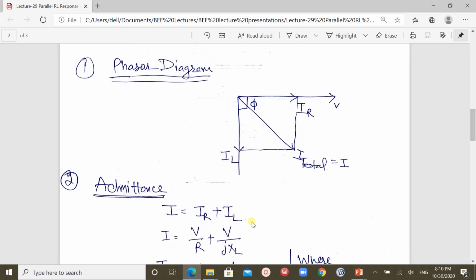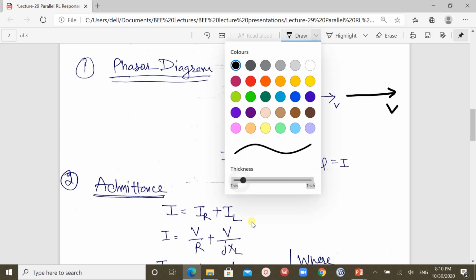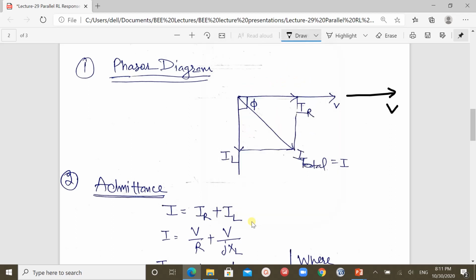So the phasor diagram, as I have told you, we are taking the voltage as the base, so we consider here the voltage V as base. The current in the resistance is in phase with the applied voltage, so IR we are putting here, and the current in the inductor is lagging behind, as I have discussed in the previous lectures also.